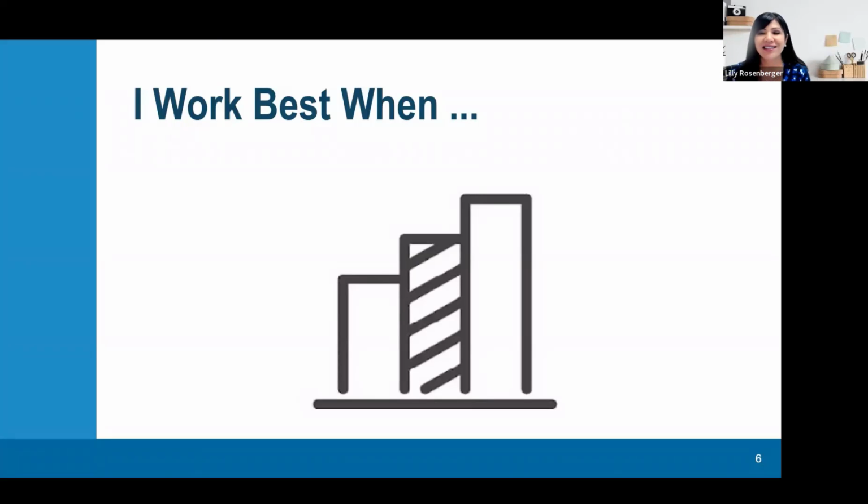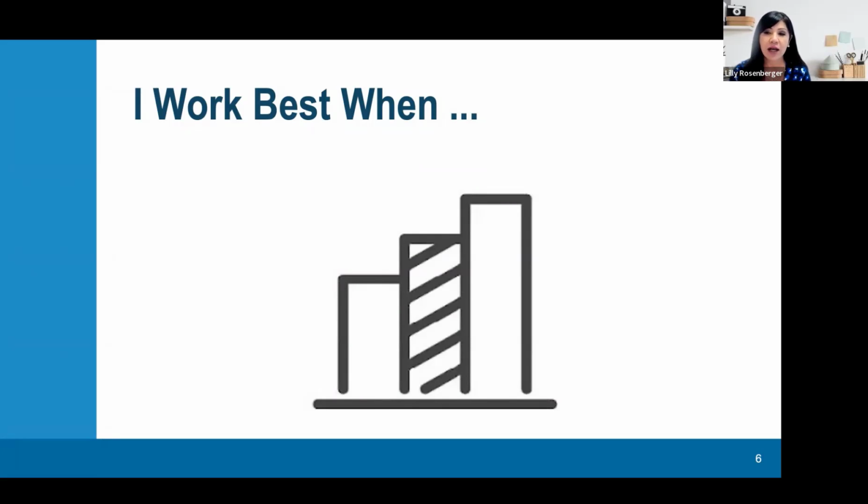Let's begin by discussing the importance of removing barriers to student learning. Before we begin this discussion on how we might identify and implement the accessibility resources that may benefit our students during daily instruction and on various assessments, we'd like for you to think about some of the factors that contribute to your ability to be successful on a daily basis.